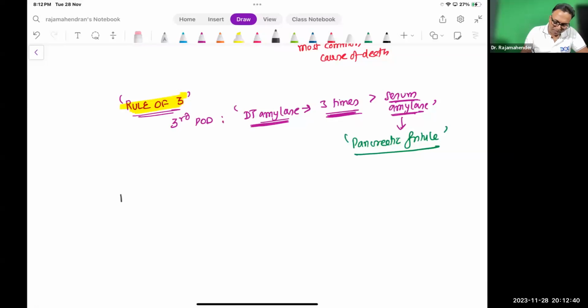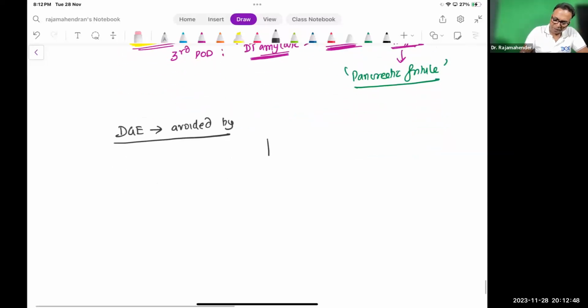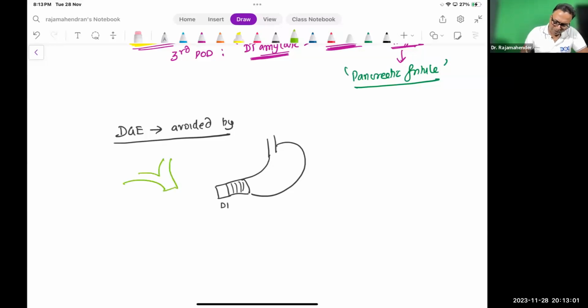To avoid this, DGE is avoided by one procedure. What is it? Delayed gastric emptying is avoided by one procedure in which I will not cut the pylorus. I will preserve the pylorus like this and cut at the level of D1. Bile duct is as such same.